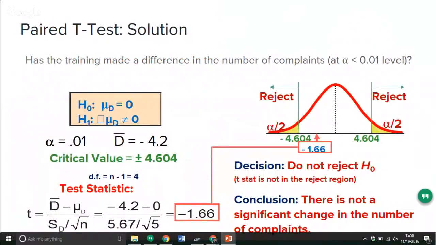That means if we sampled the population 100 times, 95% of the times we would come to a similar conclusion.